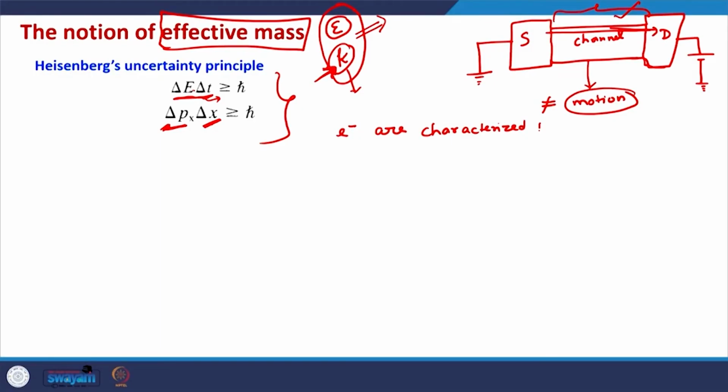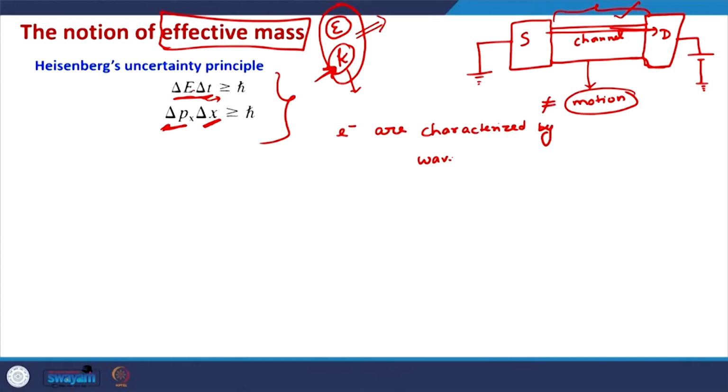So, that is why in most practical devices, the electrons are characterized by a bunch of wave functions. Electrons will have wave functions corresponding to different energy values, so that the energy uncertainty will be there, and this bunch of wave functions is known as the wave packet.